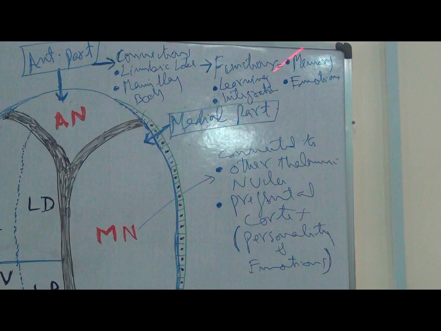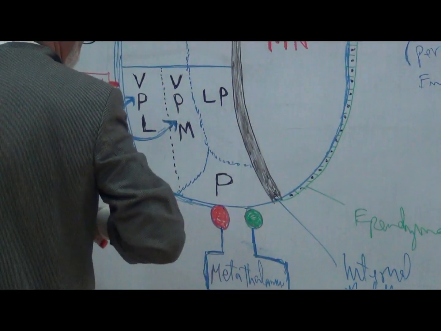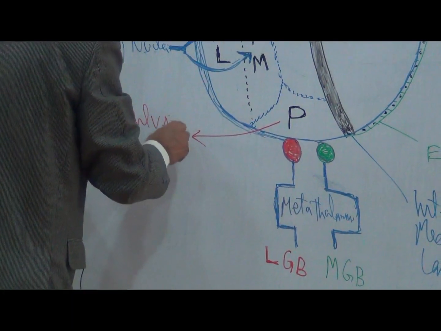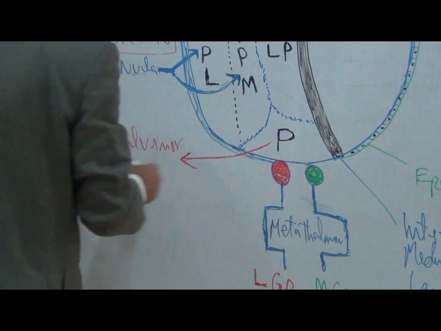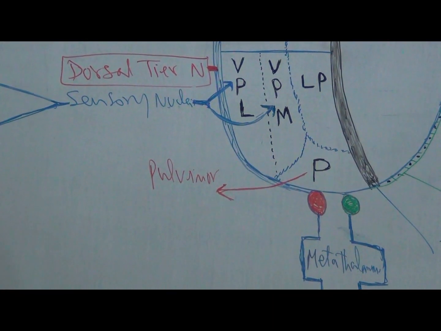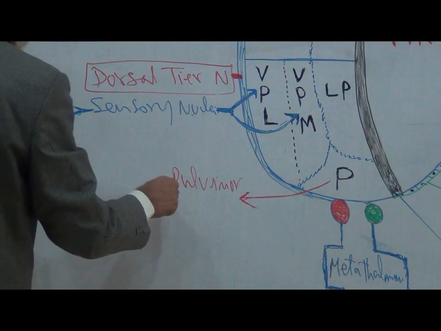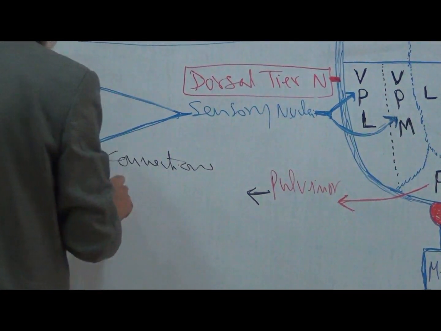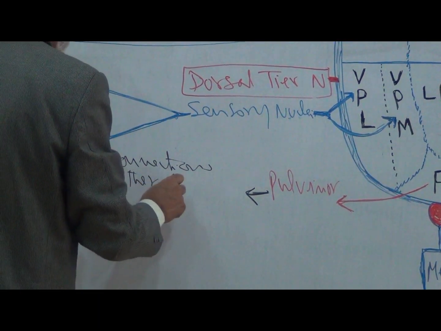Next is the pulvinar, at the posterior end of the thalamus. Now, what are its connections? It is connected to the other thalamic nuclei.